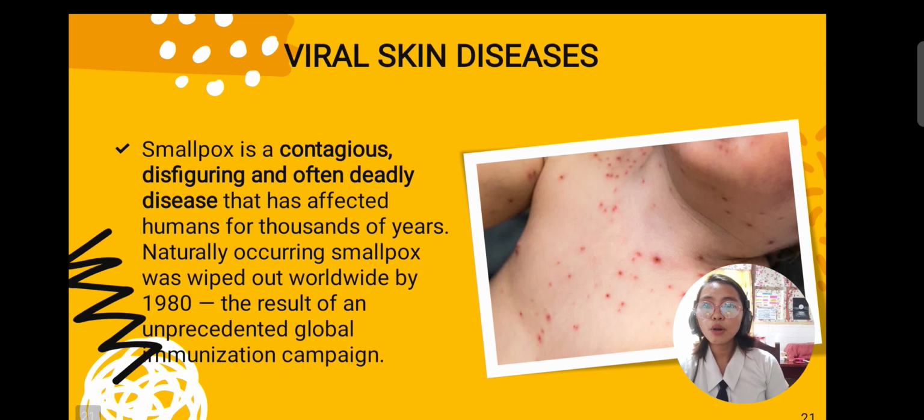Next is smallpox. It is a contagious, disfiguring, and often deadly disease that has affected humans for thousands of years. Smallpox is caused by infection with the variola virus.